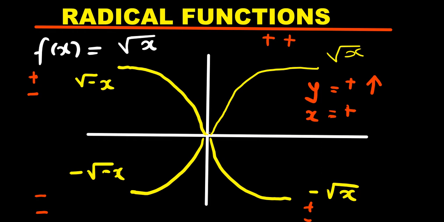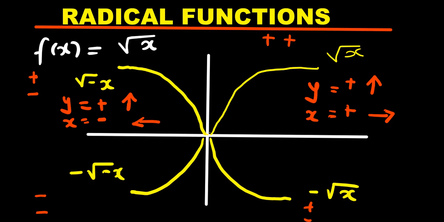Because it's positive, it's going to go to the positive x values. So that's how our graph is going to be. Then let's come to the next side. The value of y, we have said it's positive. Because it's positive, it's going to be going up. Now the value of x is negative. Because it's negative, your graph is going to be going to the negative values of x.